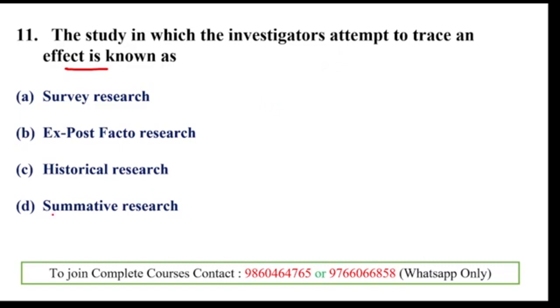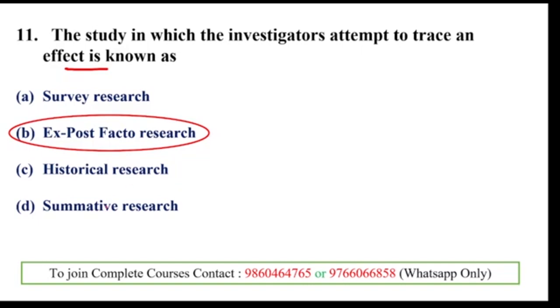So through this word you can easily figure out the word ex post facto research, because just after the incident, whatever the effect of the problem, or what is the reason, or what are the effects of that problem, you will just do the ex post facto research.